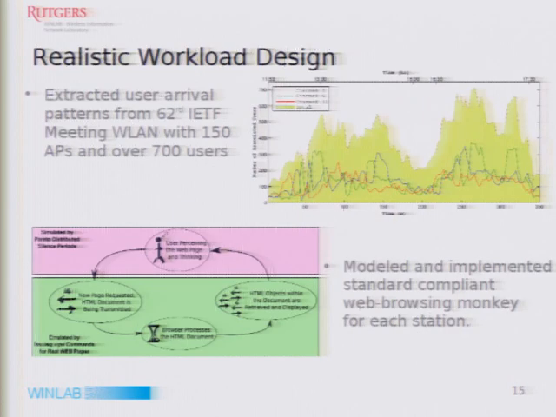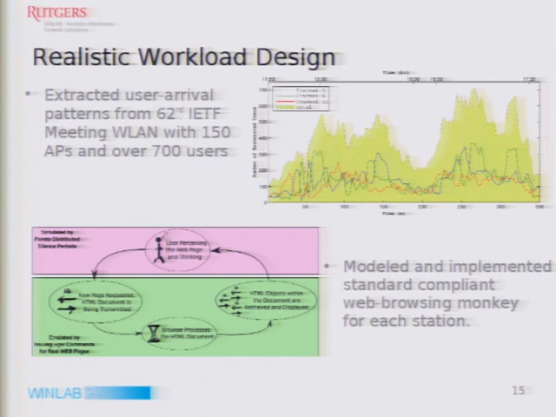We used it to create and mimic realistic traffic on those Orbit nodes. The majority of the traffic is coming from web browsing, as you saw. So we implemented a web browsing monkey on those nodes, which browses according to a well-established web model: you click on a link, think, which is an exponential distribution, process a page, and come back and click on another one on that page.